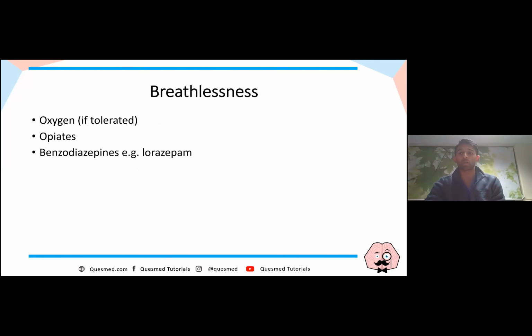And many patients will go home if they would like to have their death at home with home oxygen and nasal prongs. If the breathlessness is related to pain, somebody is breathing rapidly but shallowly, opiates are quite good. And if it's due to agitation, then benzodiazepines can be quite good.